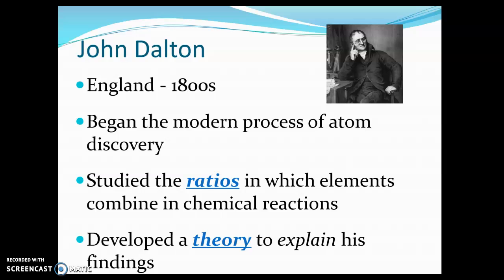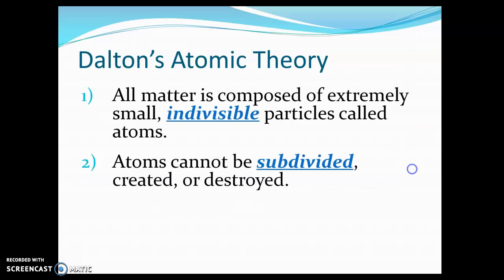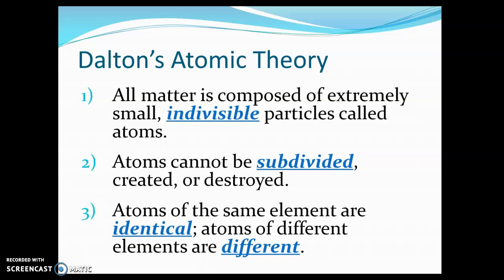He began the modern process of discovery of the atom. He studied the ratios in which elements combine in chemical reactions and developed a theory to explain his findings. His theory said that matter is composed of extremely small, indivisible particles called atoms. Atoms cannot be subdivided, created, or destroyed. Atoms of the same element are identical, and atoms of different elements are different.